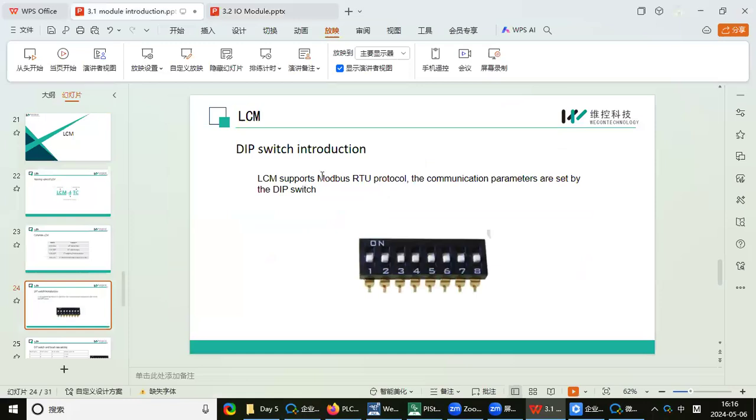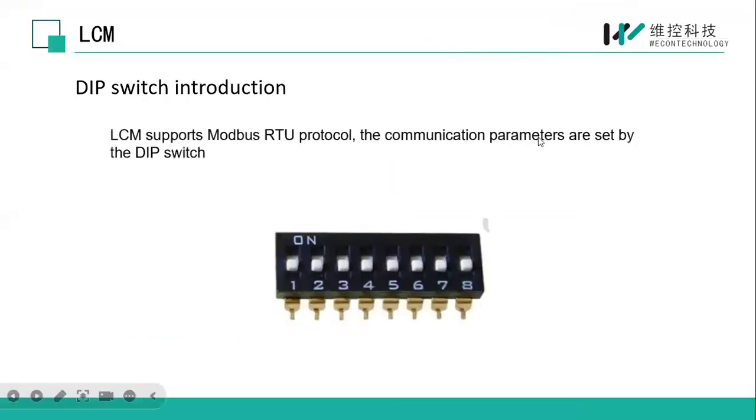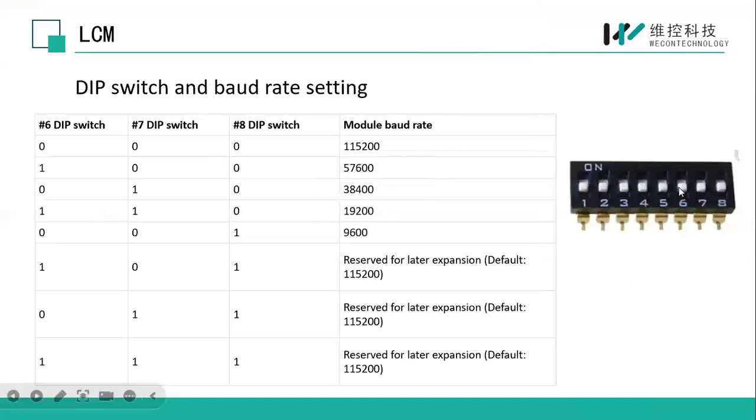This DIP switch is for the communication parameters. The last 3 DIP switches are for the baud rate settings, and you can see different states match different baud rates.